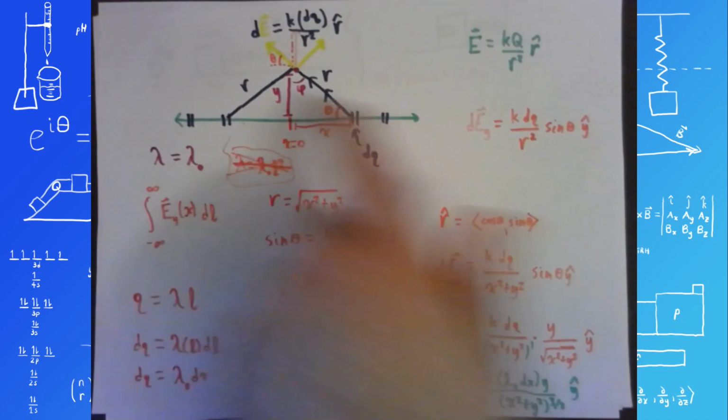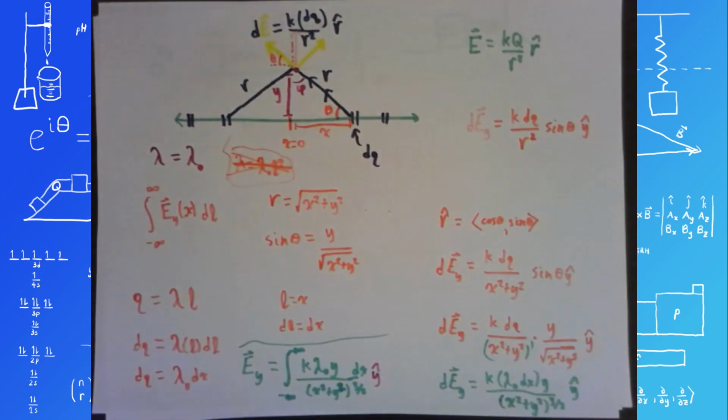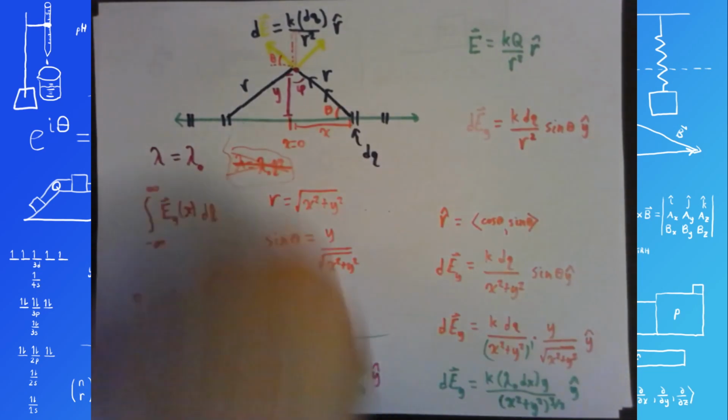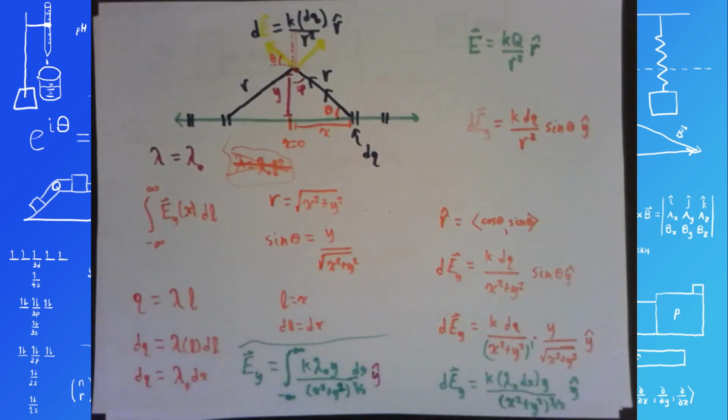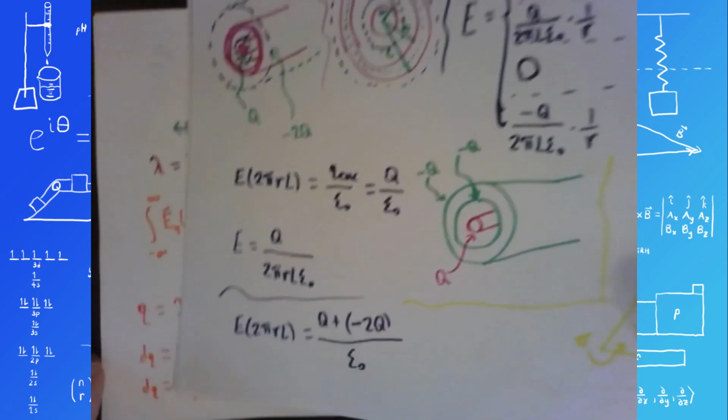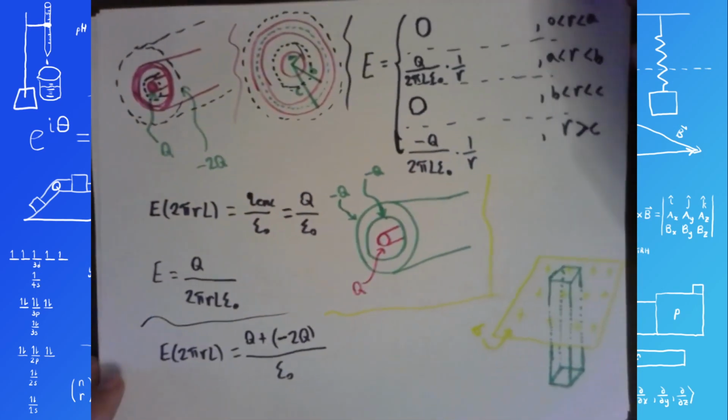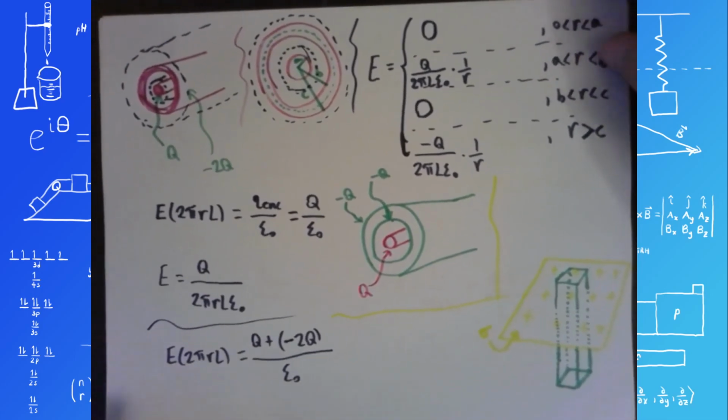If you assume your charges to be positive. If the charges are negative, then it would just point straight down, but that's also perpendicular. So the point is your non-perpendicular vector components are going to cancel out.